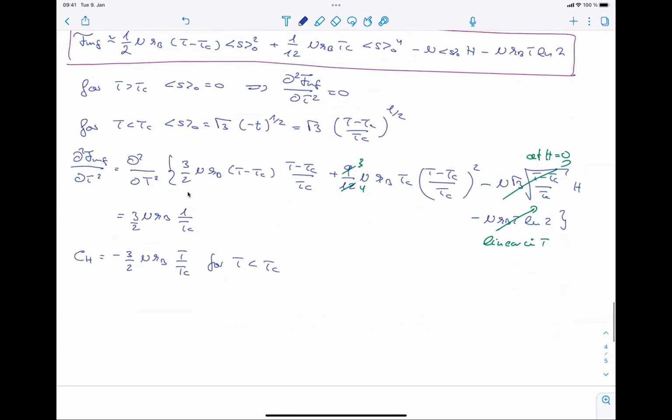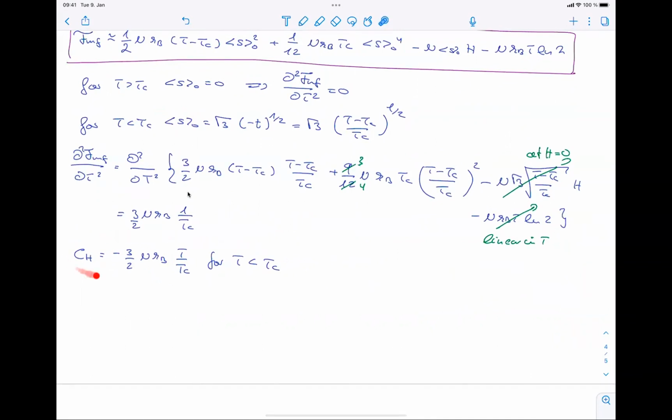So indeed, we now compare this, maybe I should state this here. The heat capacity is 0 above the critical temperature, and it's equal to this value below the critical temperature. And if T is equal to TC, this is a finite non-zero value. So we do, in fact, observe a jump in the heat capacity.